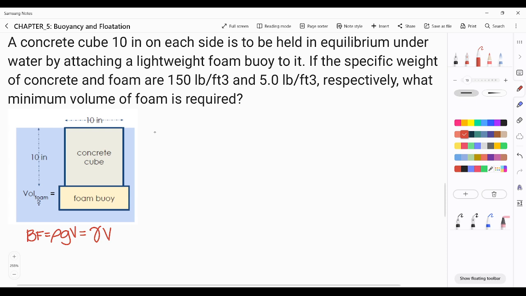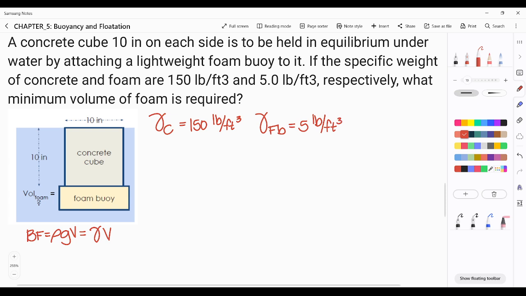So, let's first write our given. The specific weight of our concrete is 150 pound per cubic feet. And then the specific weight of our, let's just say, foam buoy, FB, ay 5 pound per cubic feet.